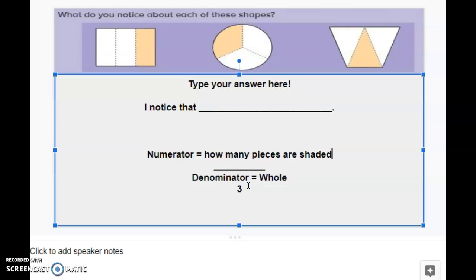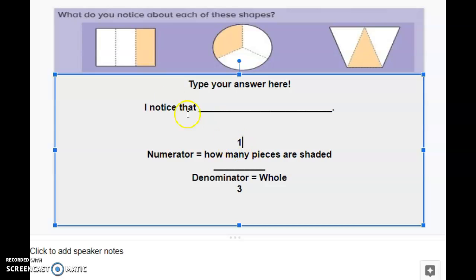But we know our numerator is a smaller number. In this case, our numerator in each one is going to be this peach, pinky color. This one only has 1 shaded, this one only has 1 shaded, and this one only has 1 shaded. So that gives me 1.